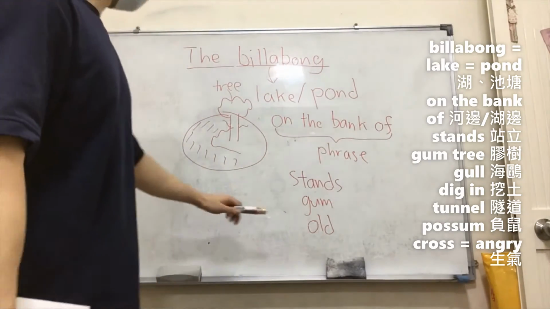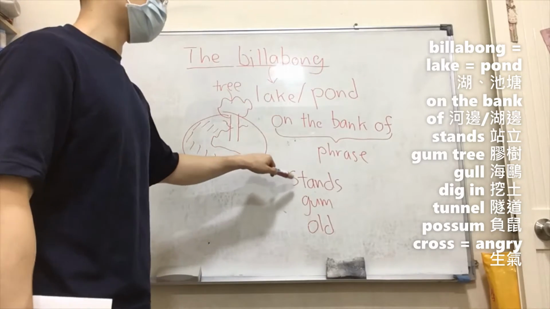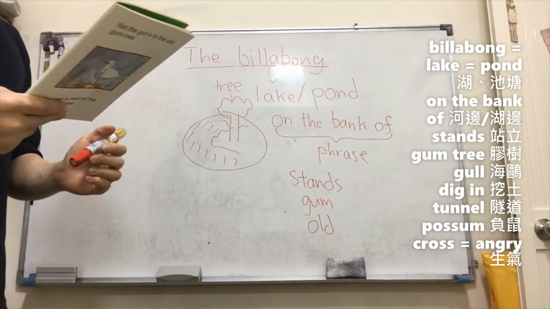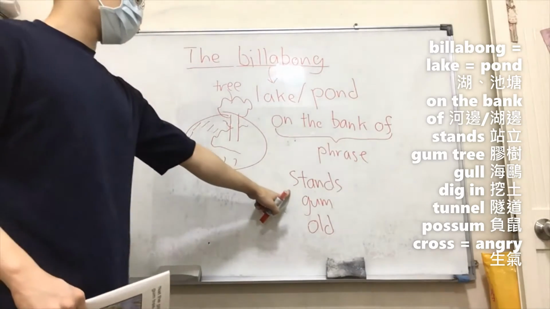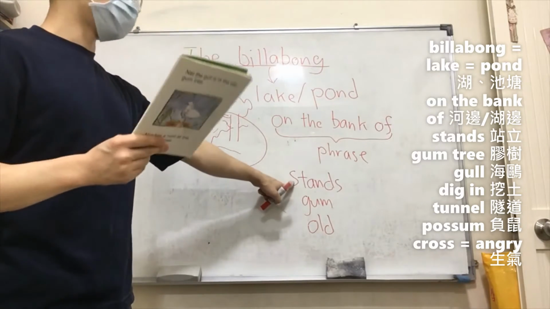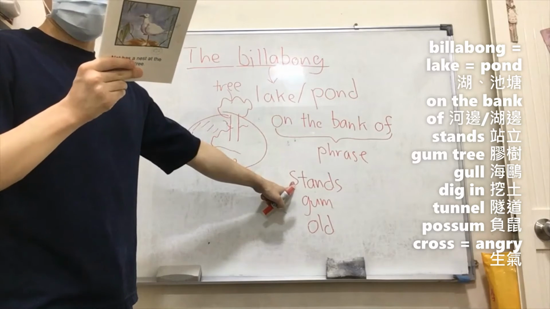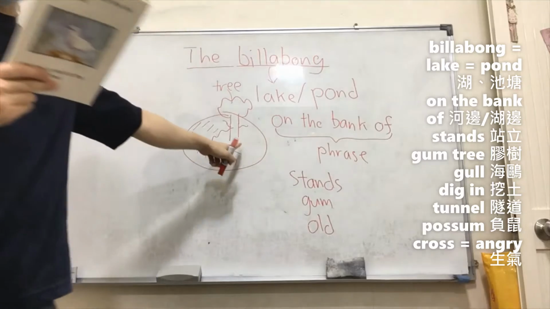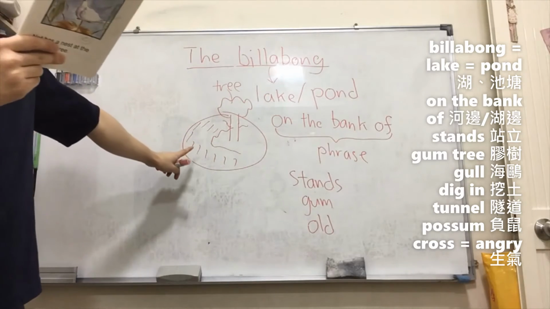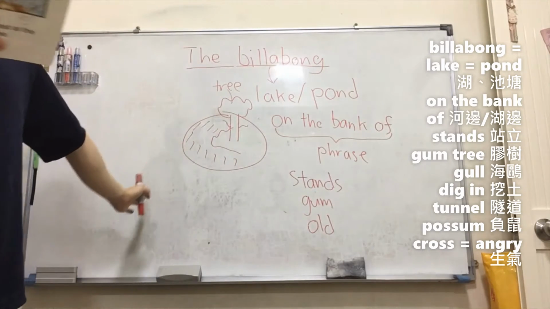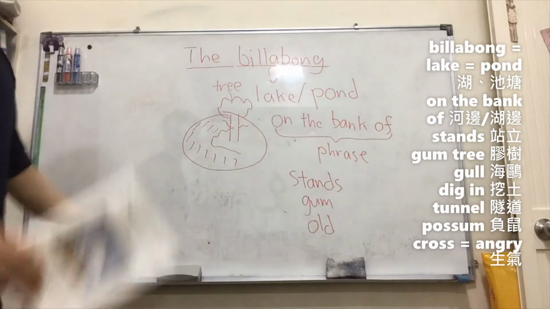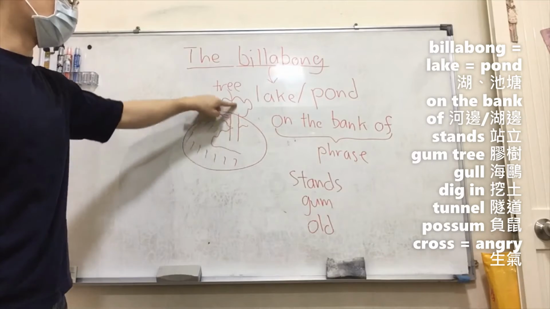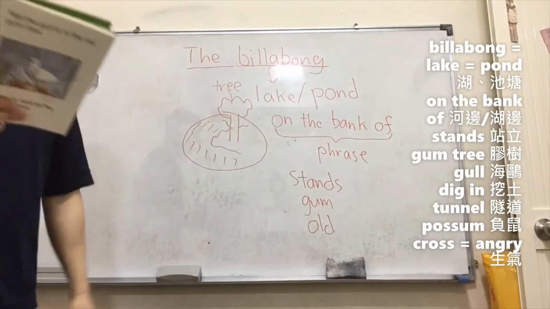Now, I'll explain what is stands. Stands can have various meanings. If I were to say the tree on the bank of the Billabong stands a big gum tree, the tree stands here, as you can see.